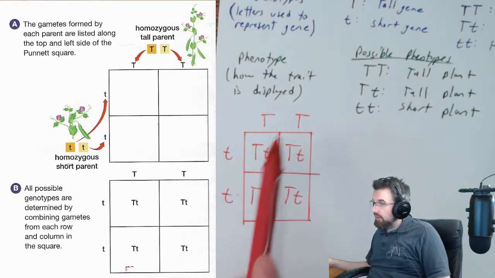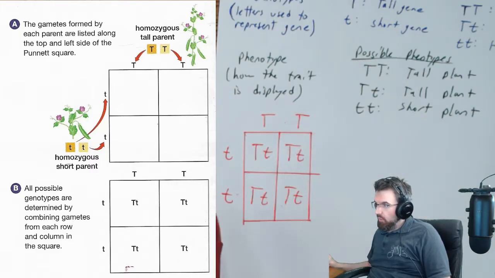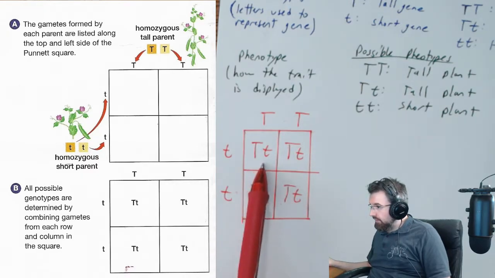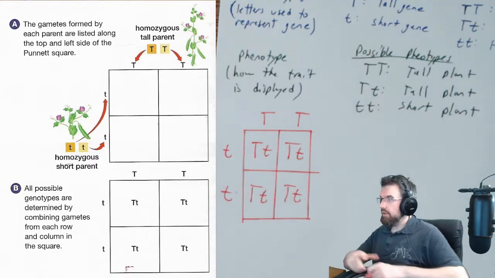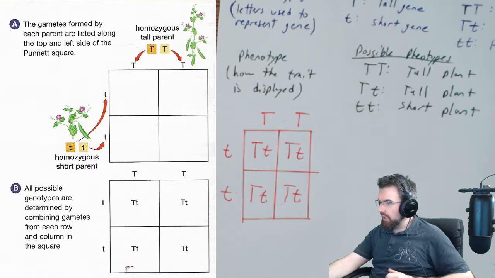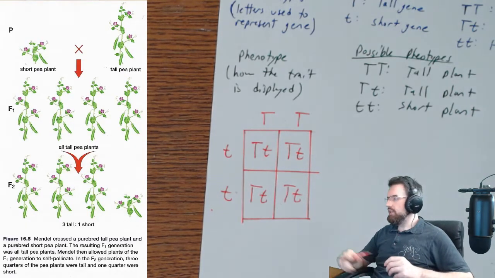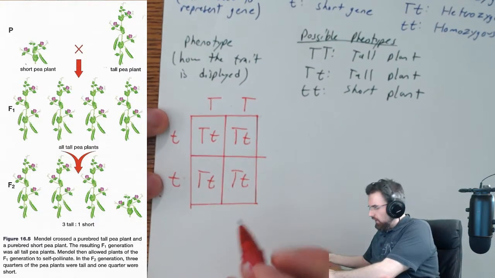But what we notice is that if one parent is homozygous dominant, which is this, one parent is homozygous recessive, which is this, all the children plants, they all end up being heterozygous, or one of each. Right? And again, if we look back to Mendel's cross, we see that in the F1 generation, they all ended up being tall.